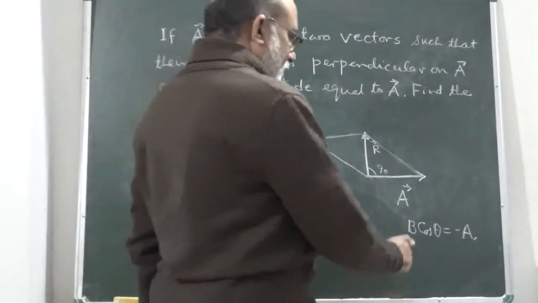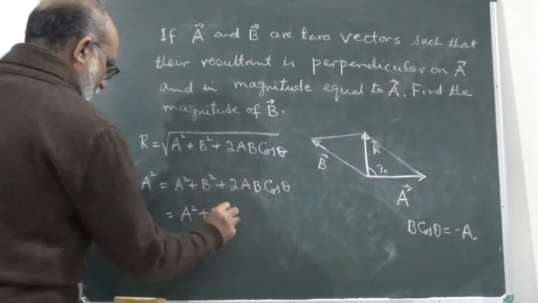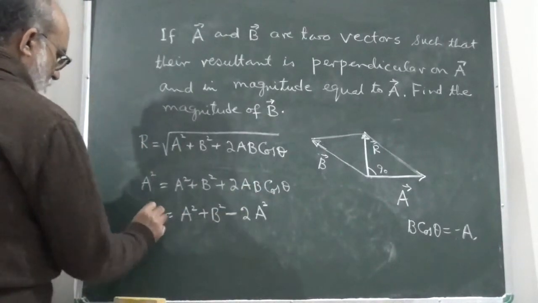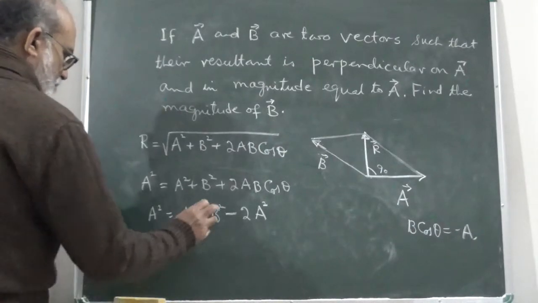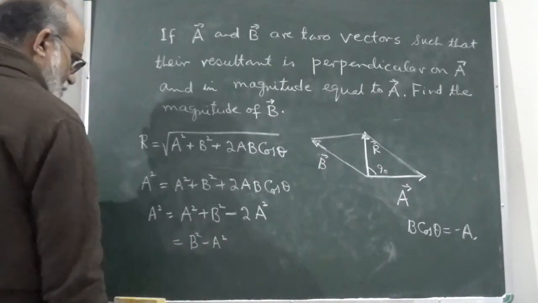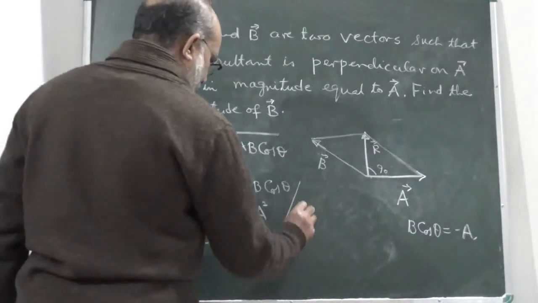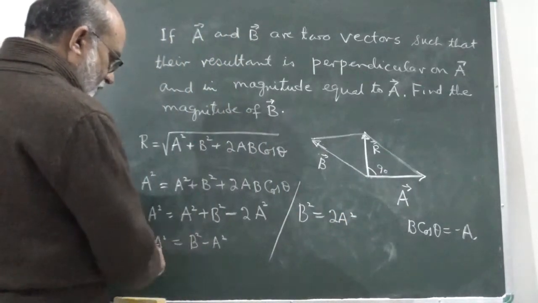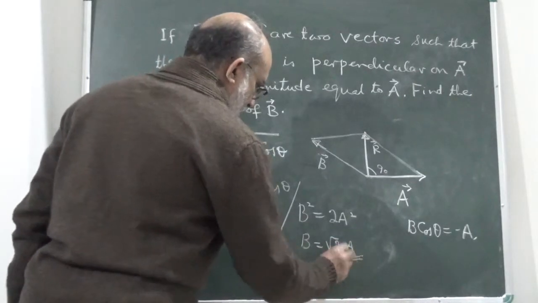But we have found that B cos theta is equal to minus A, so 2AB cos theta will be minus 2A square. So A square equals A square plus B square minus 2A square, so B square is equal to 2A square, and B will be root 2 times A. Okay.